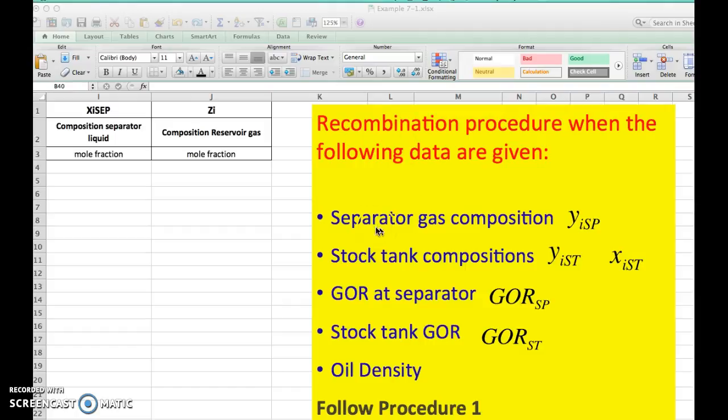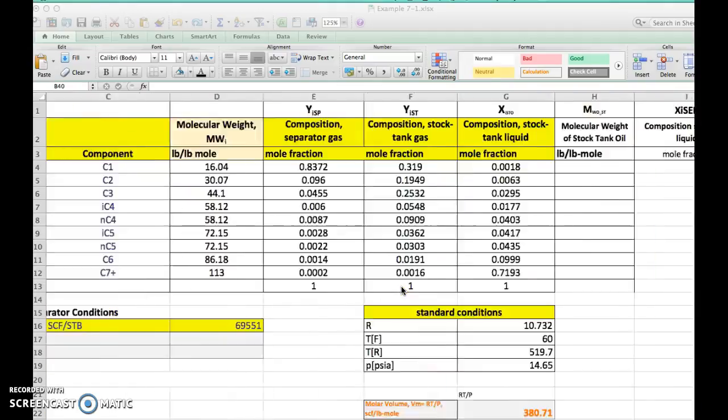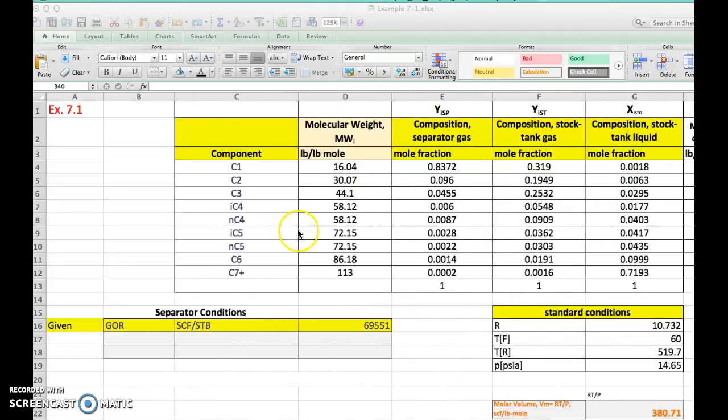So what we have are separator gas composition, stock tank compositions, gas oil ratio at separator and stock tank, and oil density. Whatever given data are shown in yellow color. We have the components C1 to C7 plus, composition of gas at separator, composition of gas at the stock tank, and composition of liquid at the stock tank.